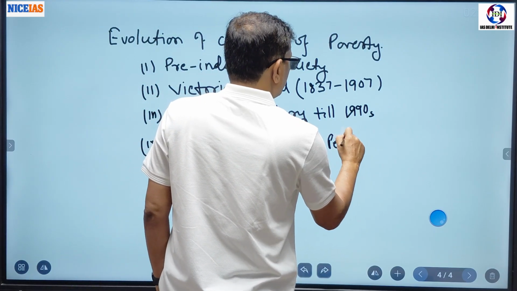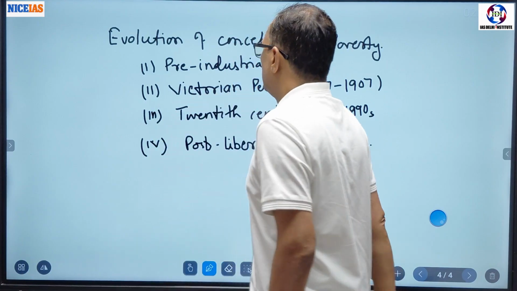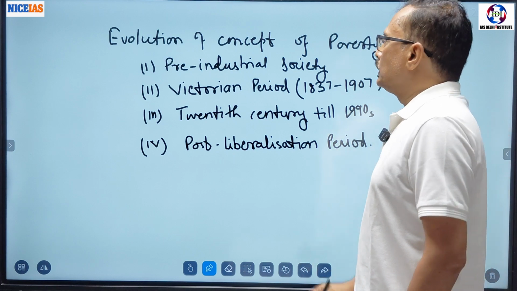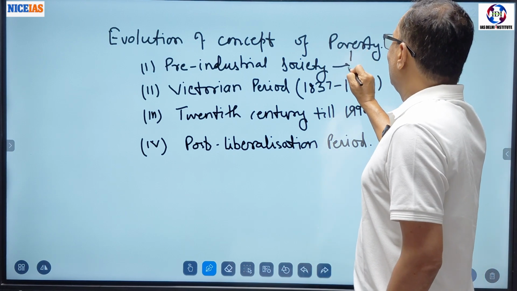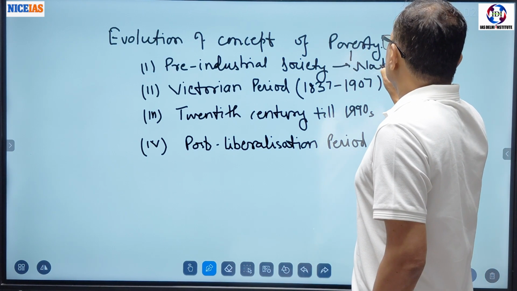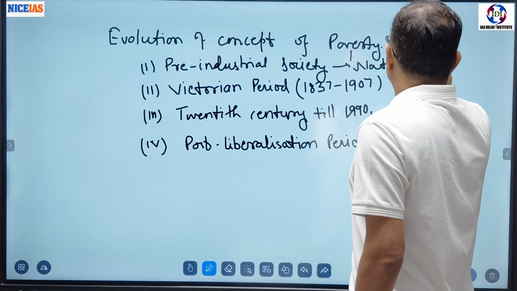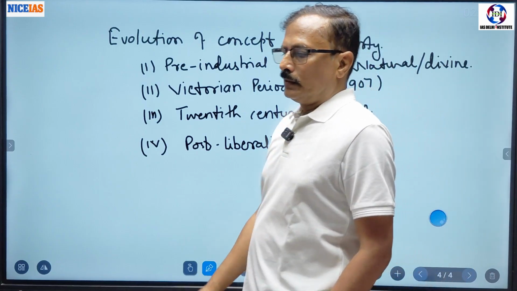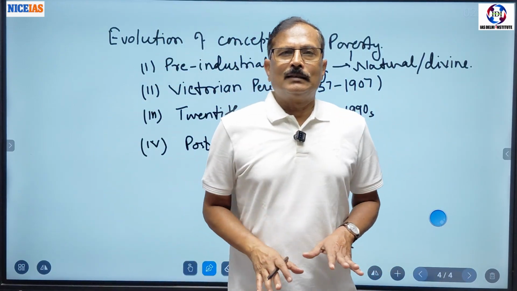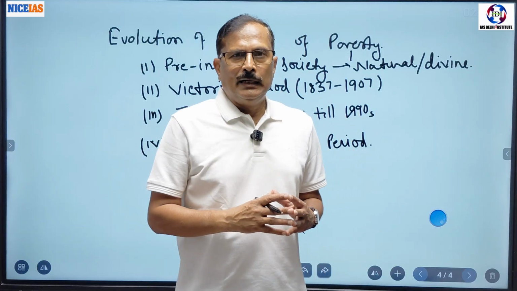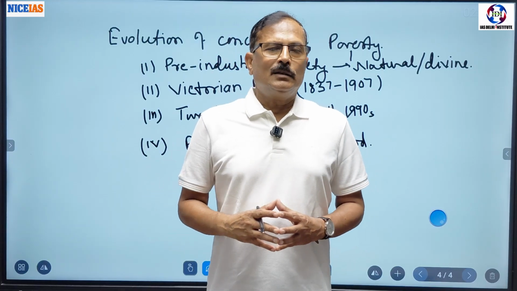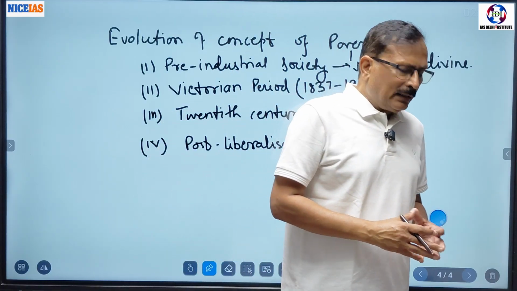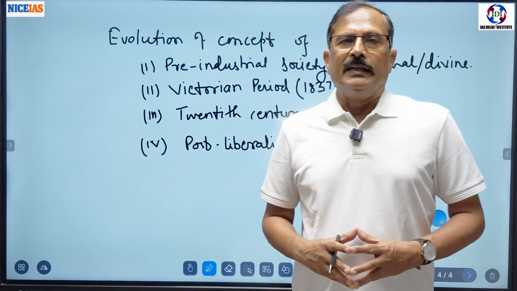Now in pre-industrial society, poverty was considered a natural or divine phenomenon. There was a general understanding in society that a person or group is poor due to divine decree, and the condition cannot be alleviated.